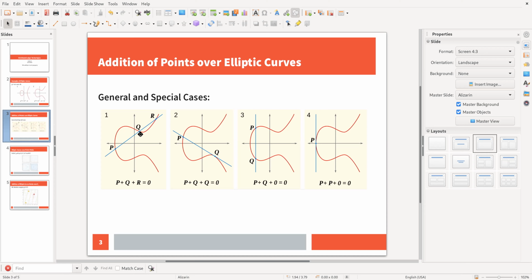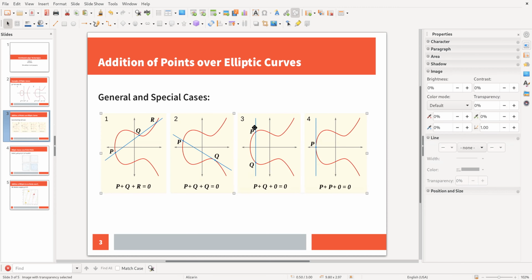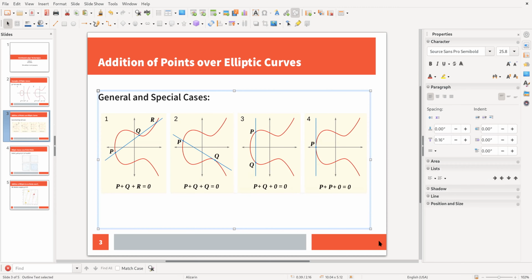So here we have P, Q, R, all three different points. In this case, we have P, Q, Q. The third point is the same as Q, because in the point Q, our straight line is tangential to the elliptic curve. Or it may be that our line PQ is vertical, right?